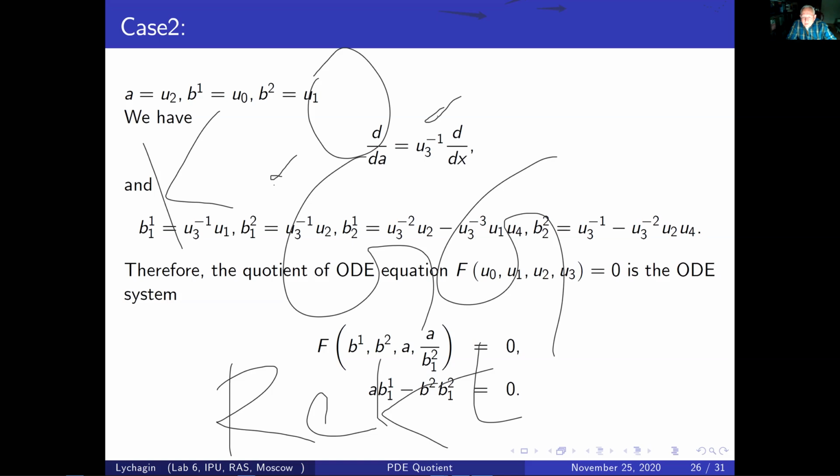If you just check it without any equations, you will see that there should be some relations between derivatives of B1 and B2. And this is the last line: the first derivative of B1 multiplied by A is equal to the square of B multiplied by the square of the first derivative of B. It means that if you take our third order differential equation as before, then the quotient will be a system of two equations.